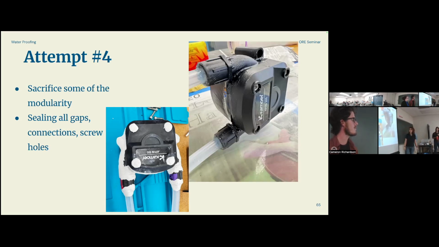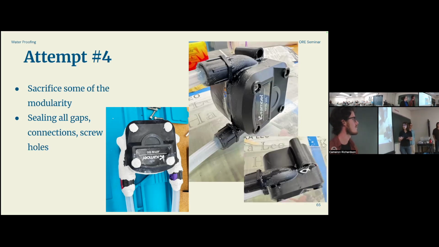But we didn't have any other choice, so just to save time, we sealed two pumps. One of them was sealed with the epoxy glue, and the other one was sealed with the hard putty. Again, we put it into the water, and again we had leakage.